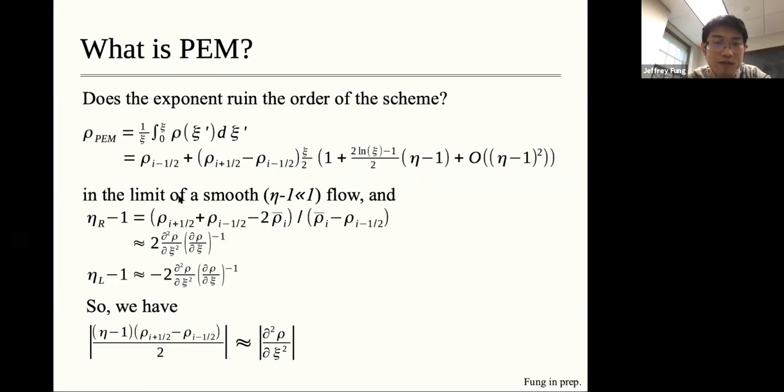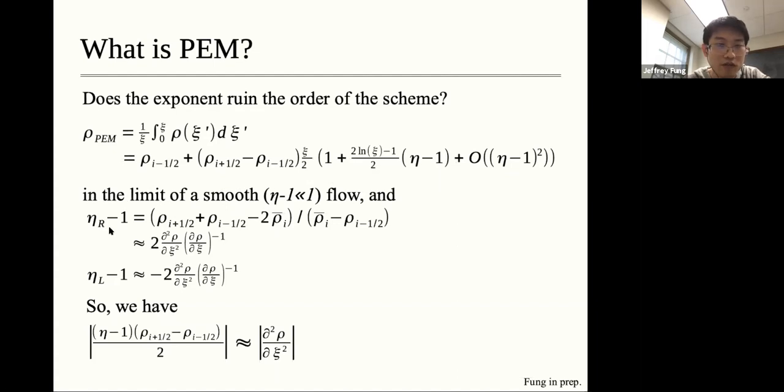So what kind of order is that? To do that, you can take the expression for what you get if you integrate through the PEM function and just expand it in the limit where eta minus 1 is very small, or eta is very close to 1, basically when your flow is close to smooth. So this is the expansion. You have terms of order eta minus 1.